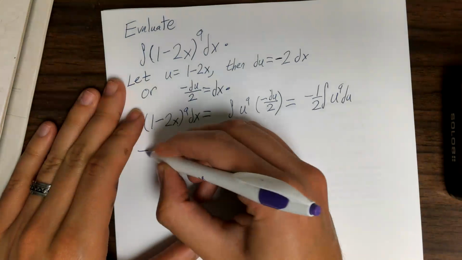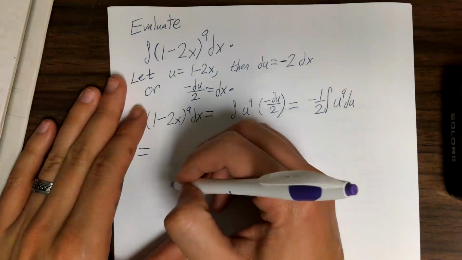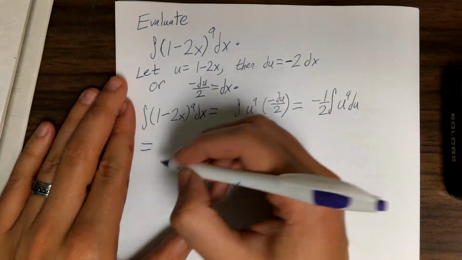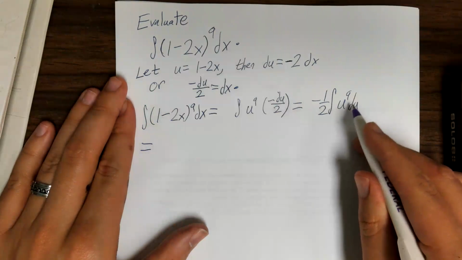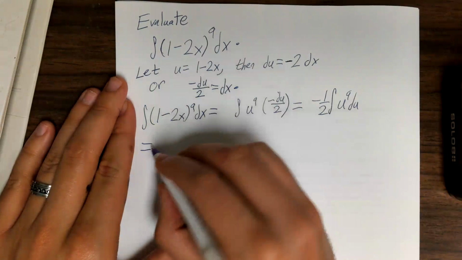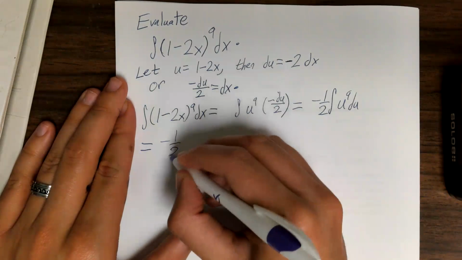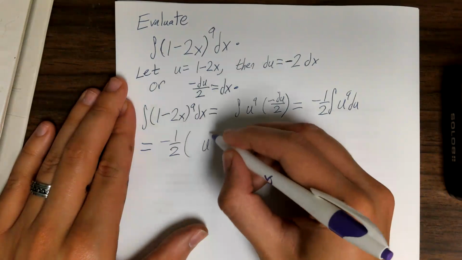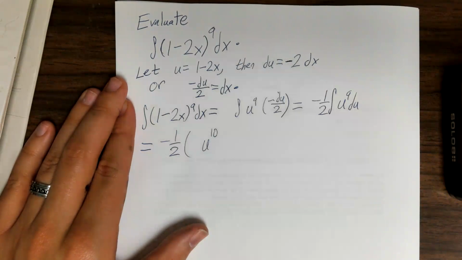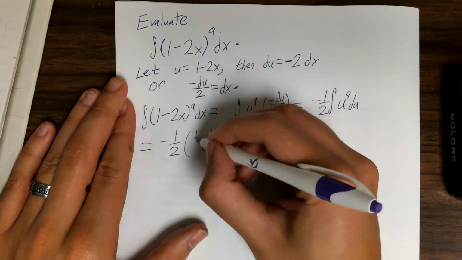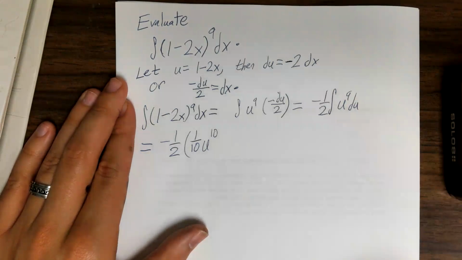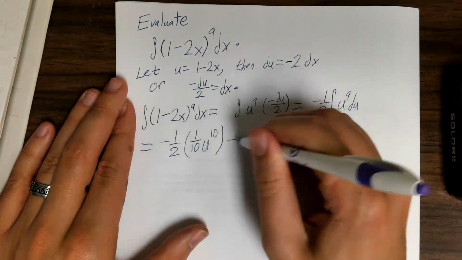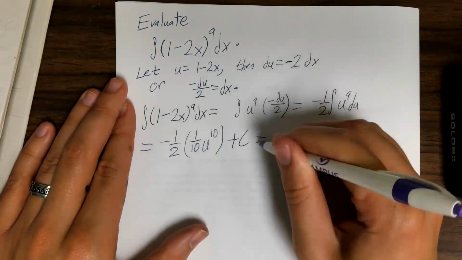So, continuing our integration here. If it's u to the 9th, then that just means that my new power is 10. I add 1 to 9. And I divide out by my new power, that's just 10 as well. And of course I have that constant.